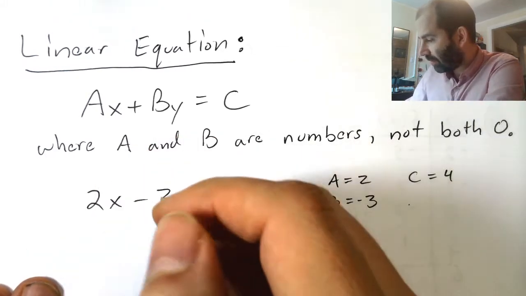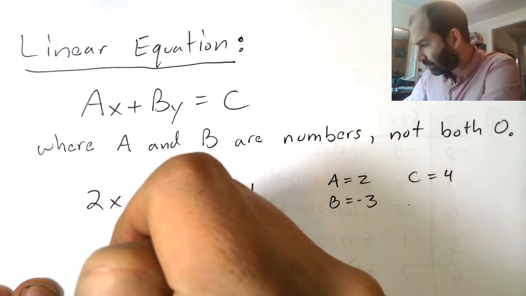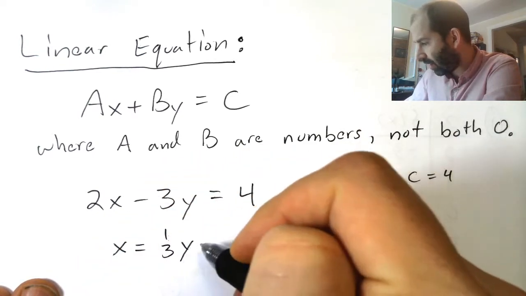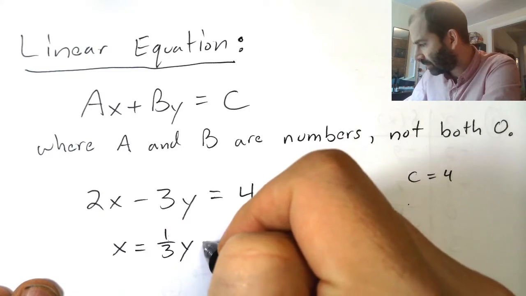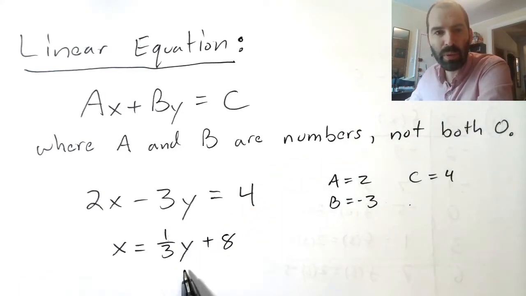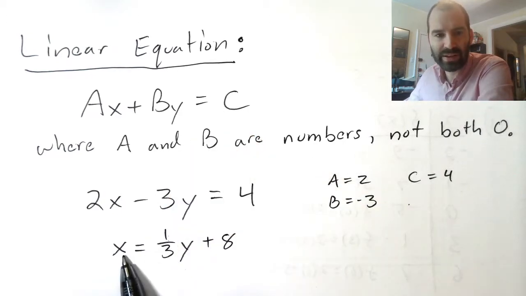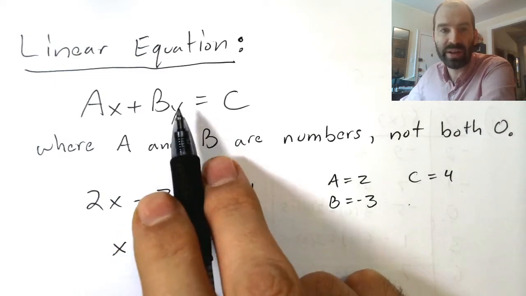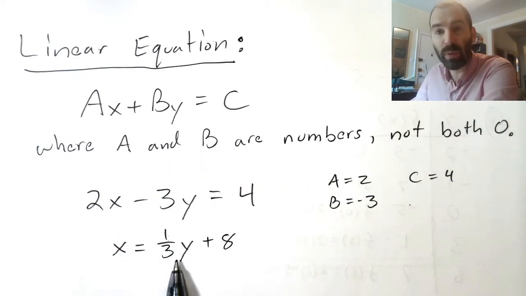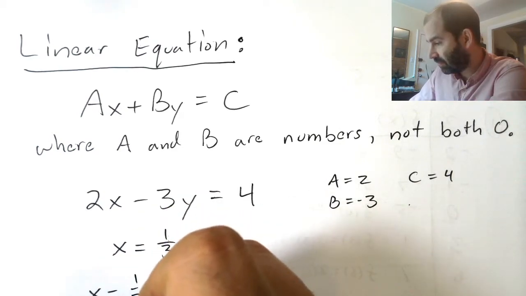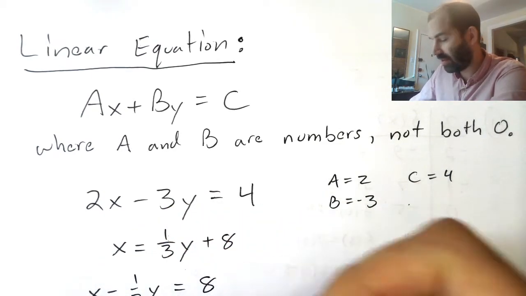Another one would be something like x equals 1/3 y plus 8. Now you might say, wait a minute, that doesn't look quite like this. I've got the x on the wrong side of the equal sign, but that's okay. We can use algebra to get this to look like that. If I subtract 1/3 y from both sides, I get this equation.